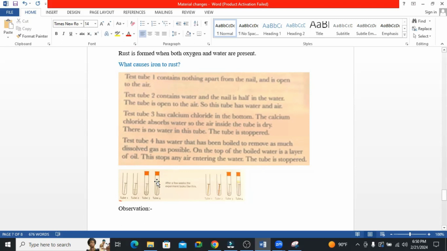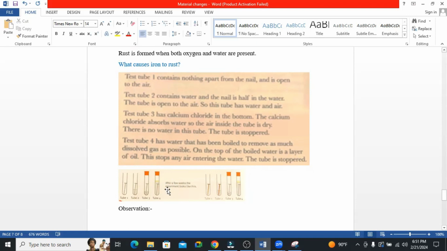That is why we are putting an oil layer here, and this stops any air entering the water. The tube is stoppered. Stoppered means it is closed. Then the atmospheric air also cannot enter.